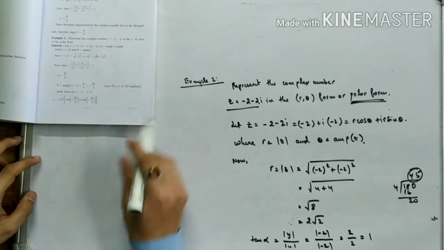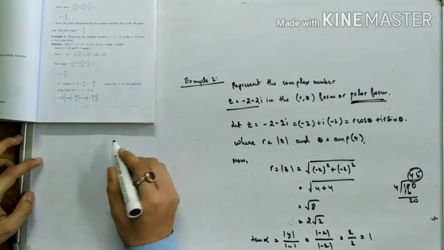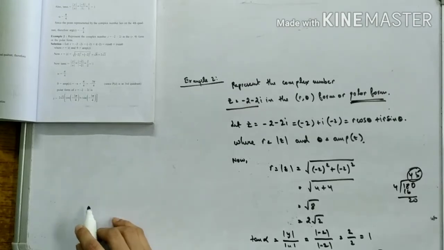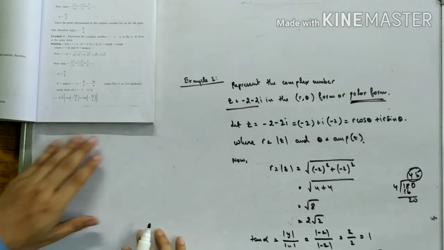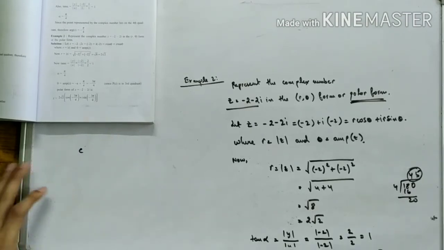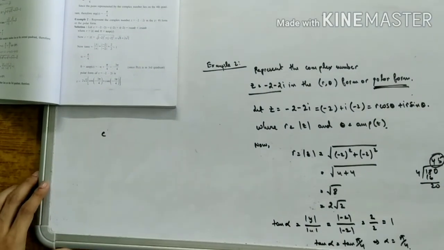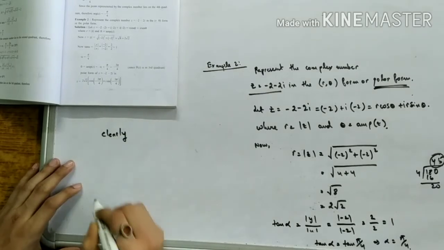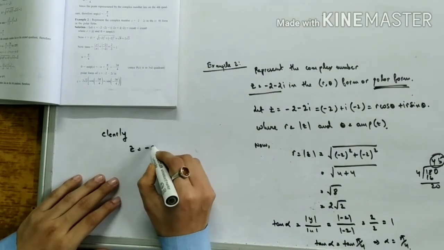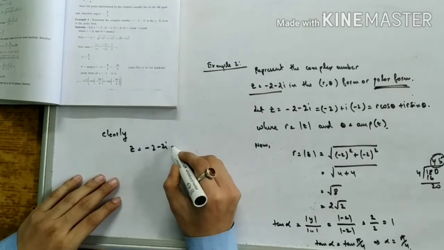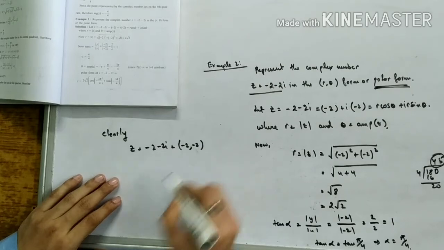Okay. Now I will write, you see, clearly z is equal to minus 2i, which I can write as minus 2 comma minus 2.